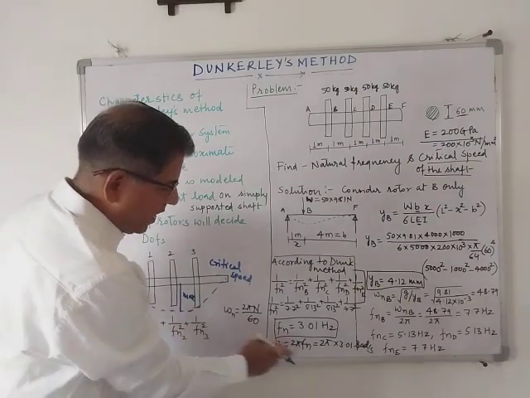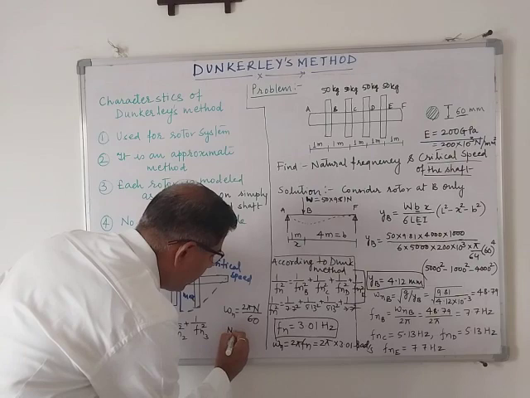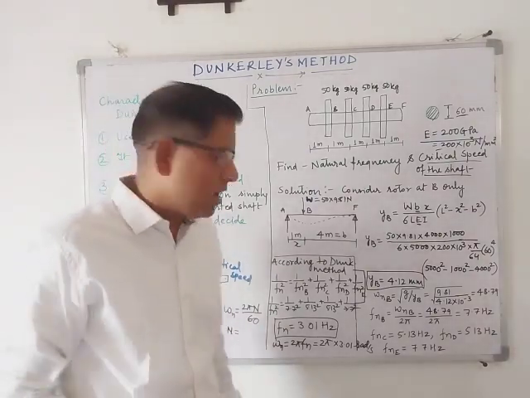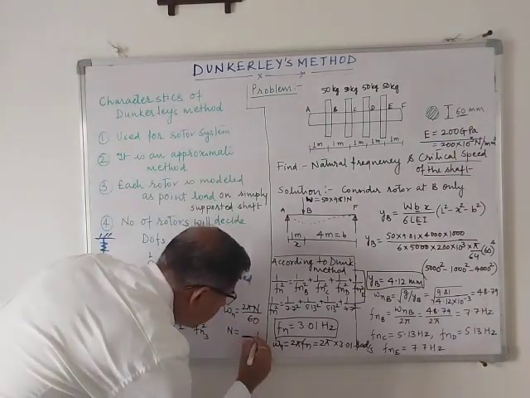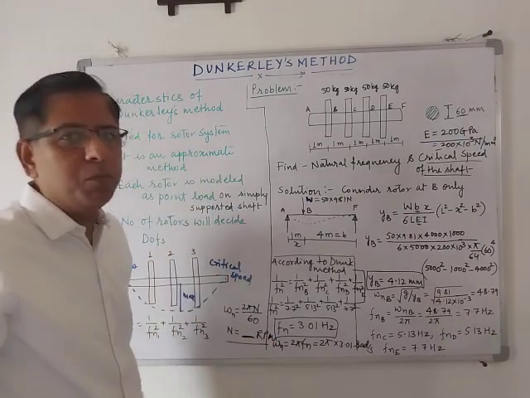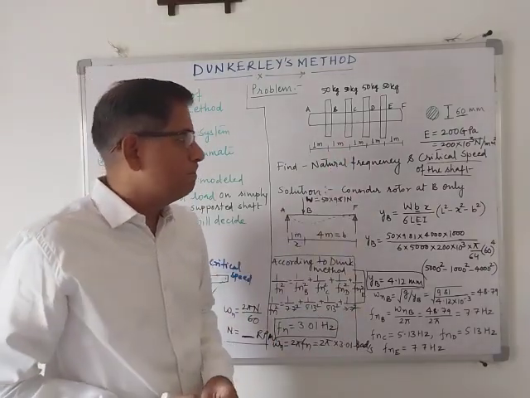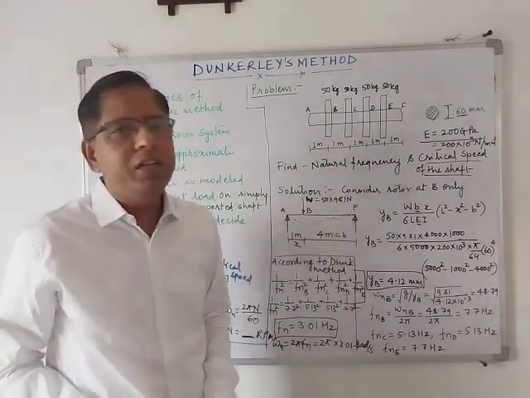Now we know omega n, and you can easily find out the value of N. N is nothing but the RPM of the shaft. So you will easily find out the critical speed of the shaft in revolutions per minute. Okay, so this is how you can find out the frequency and critical speed of the shaft.